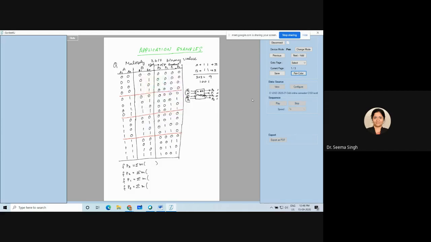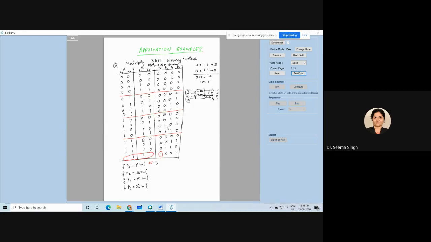And what is that? That is here. And this is 1 for what? When your A, B, C, D, or you can say A1, A0, B1, B0, was 1, 1, 1, 1. So P3 is 15. Very good. Okay, now P2.